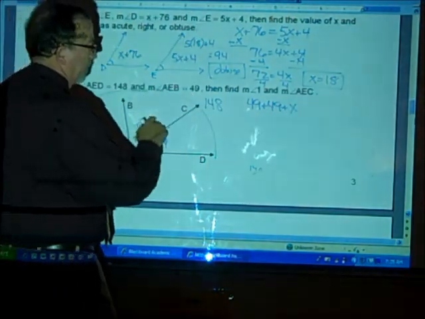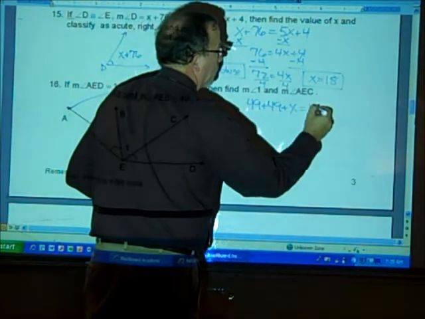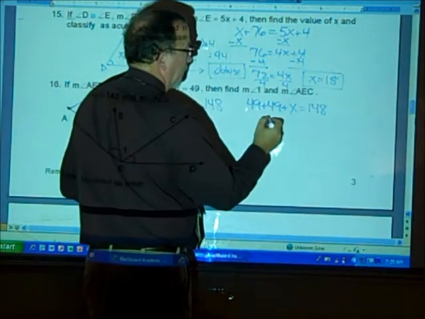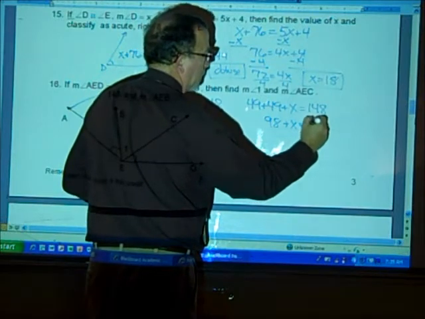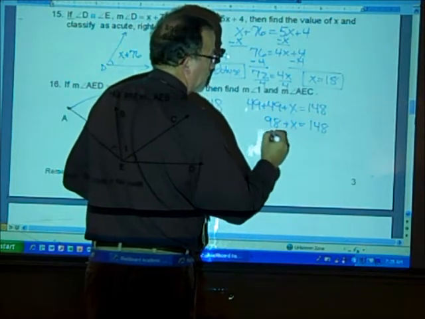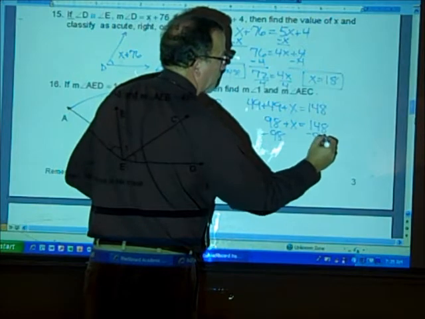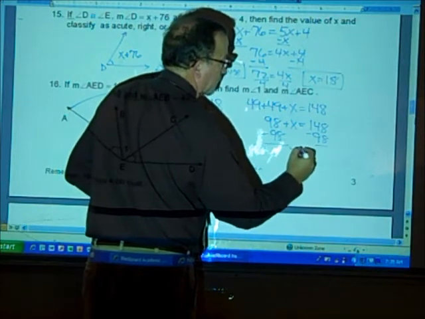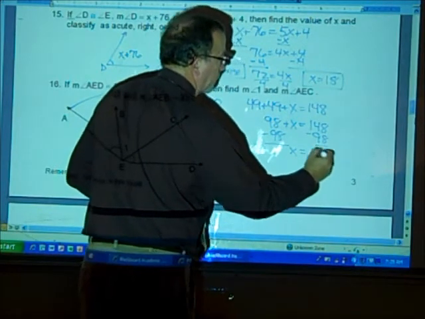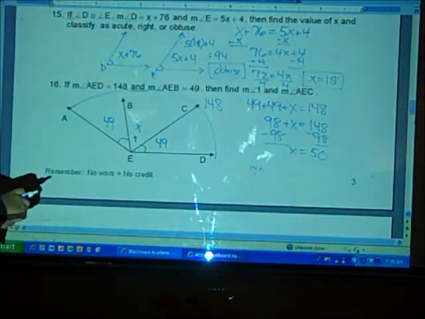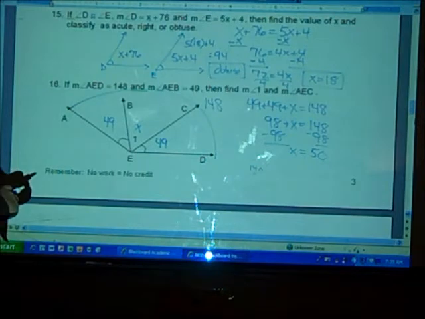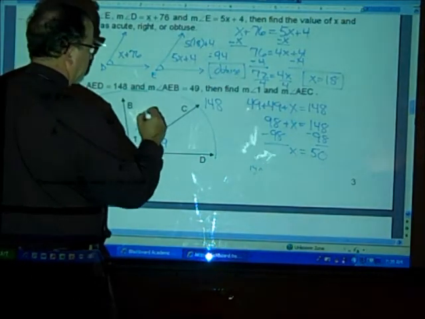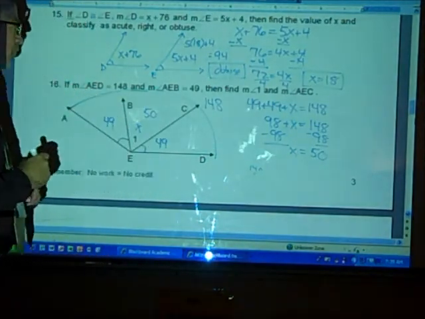Angle plus angle plus angle equals the whole thing. We add these together, we've got 98 plus x equals 148. Subtract 98 from both sides. We got x equals 50. So 50 is going to go right here.